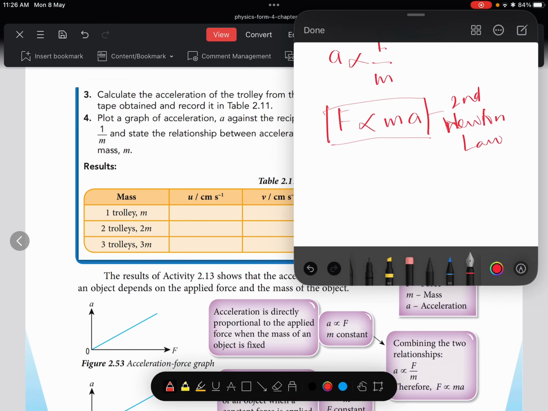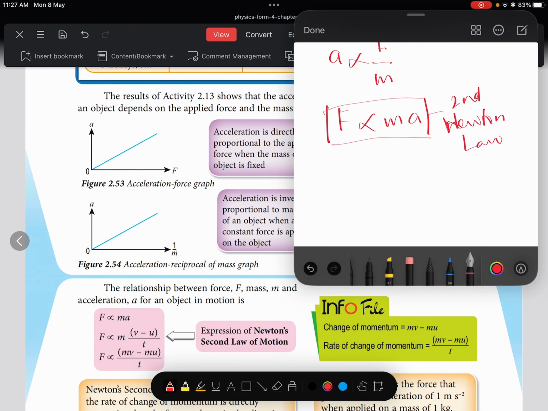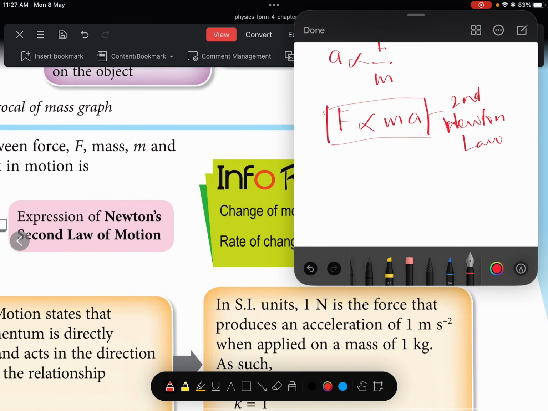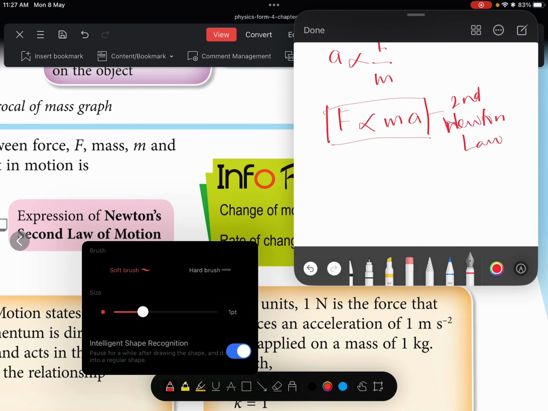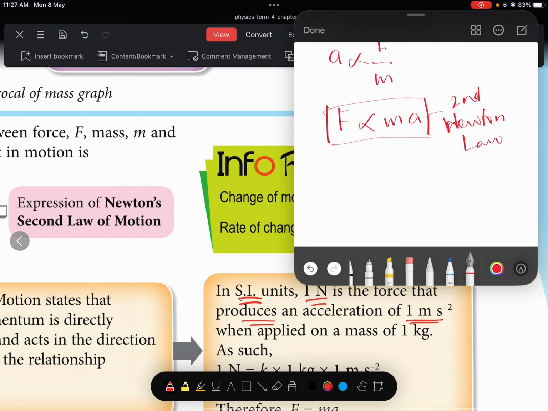According to the definition, which is important for you to know, in SI units, 1 Newton is the force that produces an acceleration of 1 meter per second squared when applied on a mass of 1 kilogram.